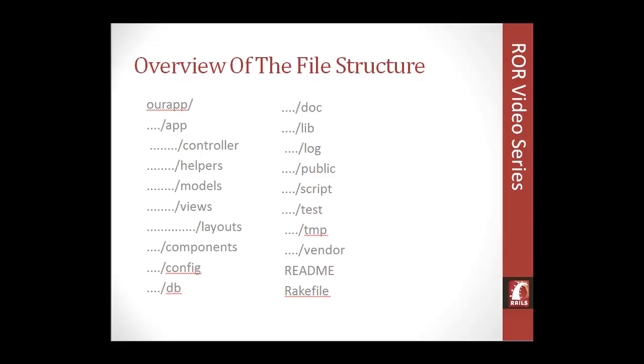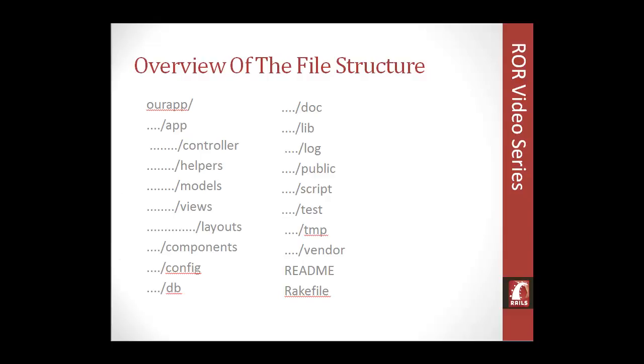Config. Rails luckily doesn't have a lot of config files compared to other frameworks, but the ones that it does have are located here. The one that you're probably going to use the most when creating a Rails app is the routes.rb configuration file, and that's where you can change around your home page, what view you want to use for your home page, and if you want to change the URL to certain controllers.